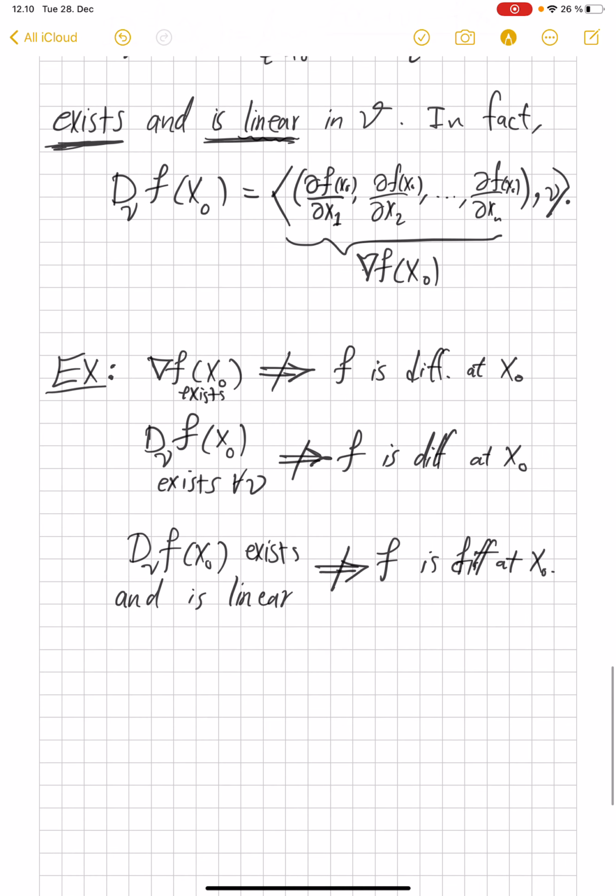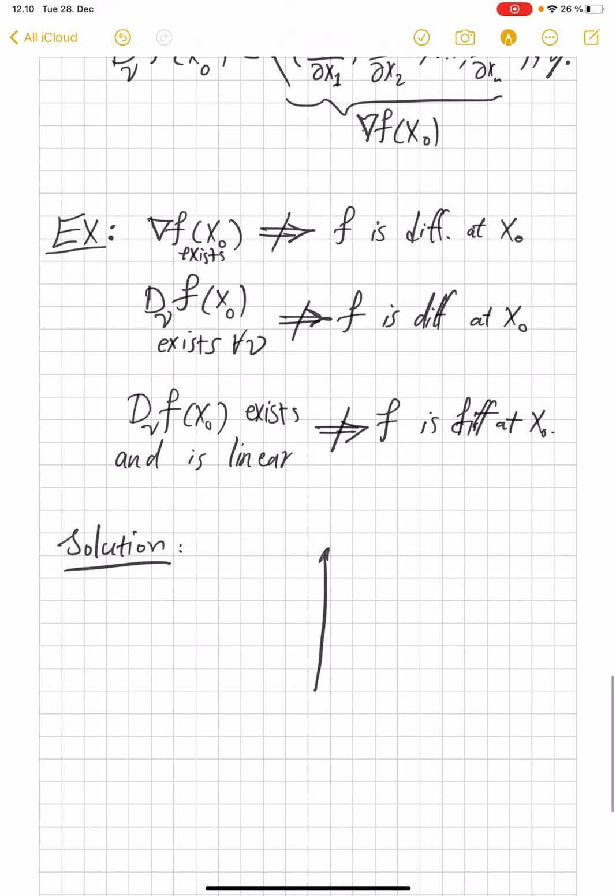For this, I'm going to give a solution. You're free to pause and think about one on your own. My solution will be a simple map from R2 to R1. And I take the parabola or something like that.